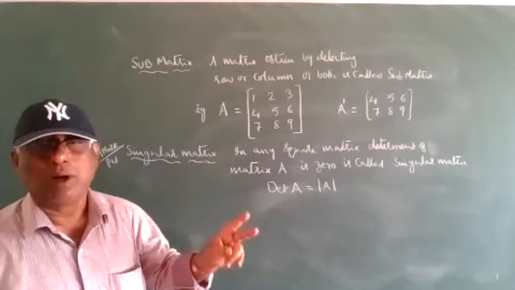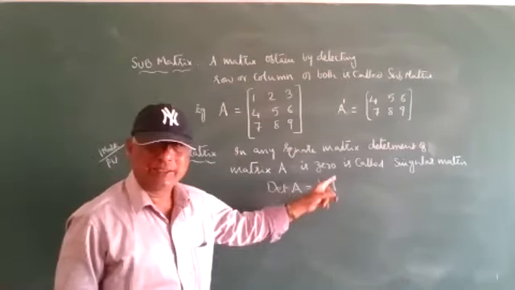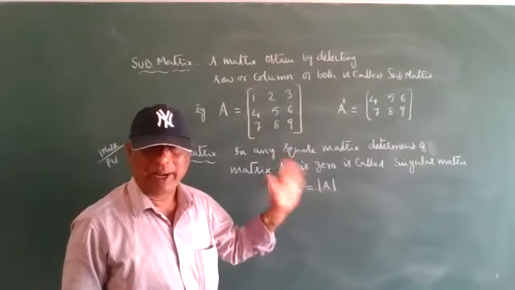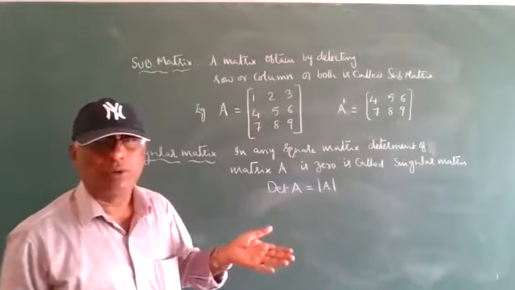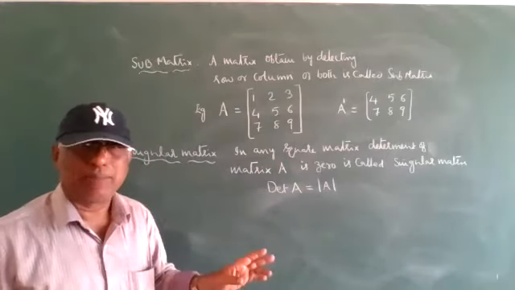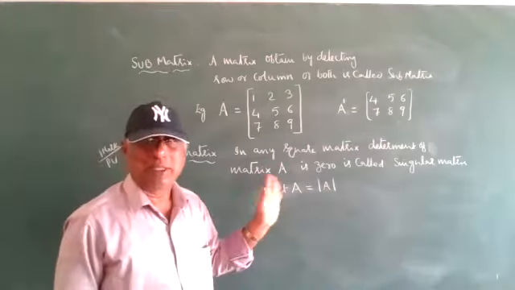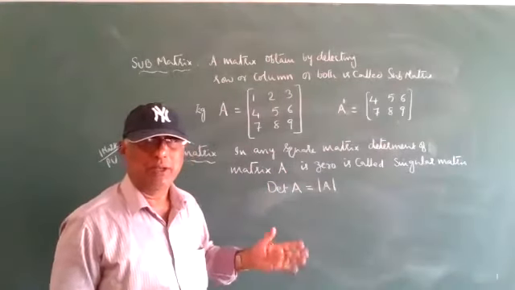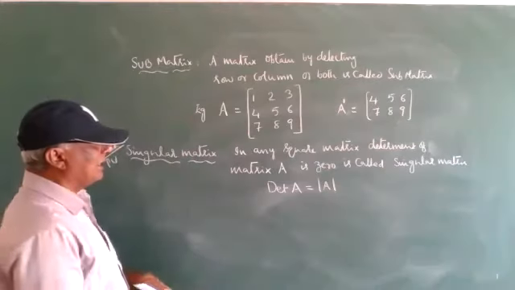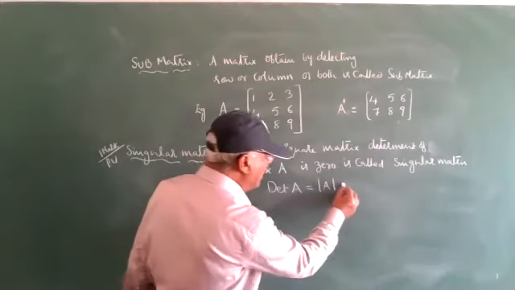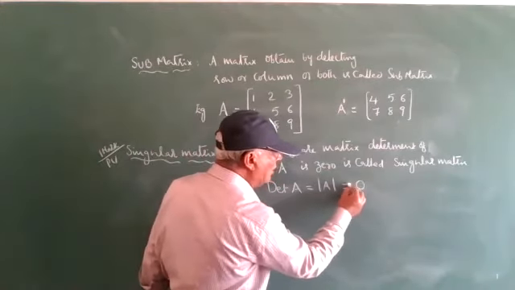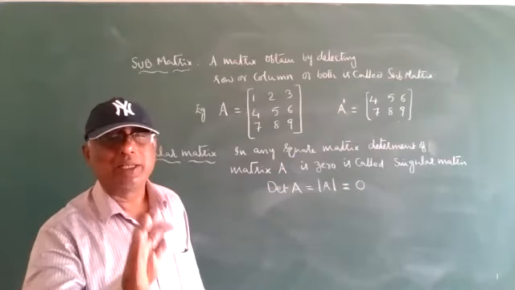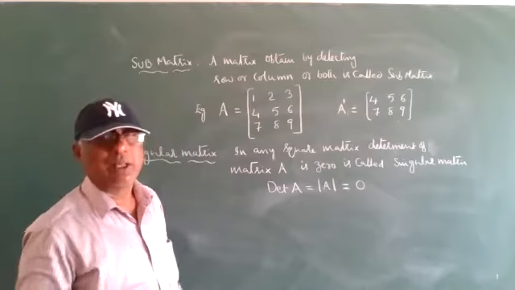In between two lines is called the determinant. How to find the determinant? We have it separately, I will explain that. Now, if the matrix determinant value is 0, that is called a singular matrix.